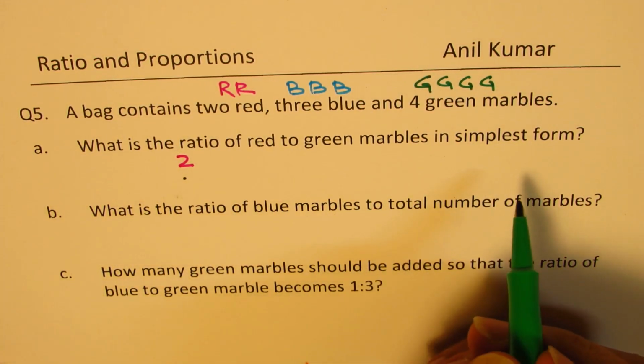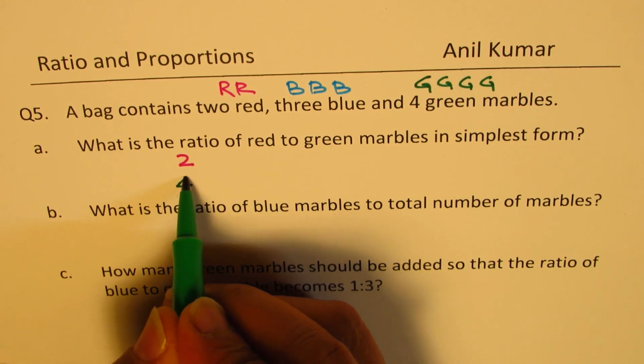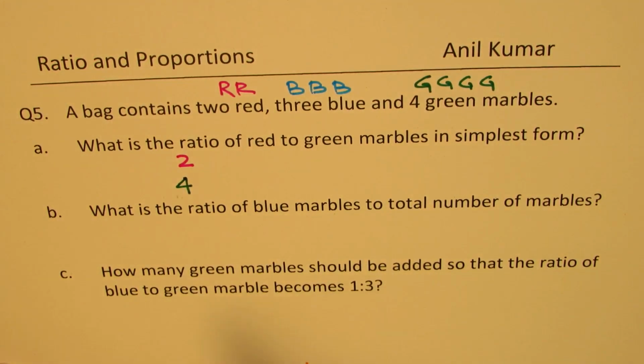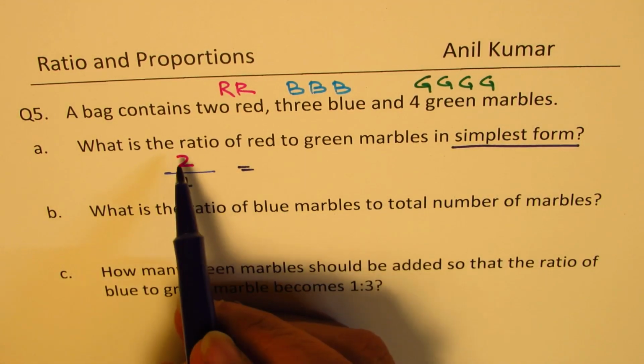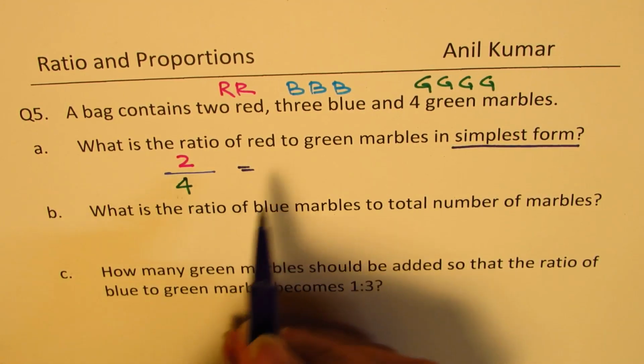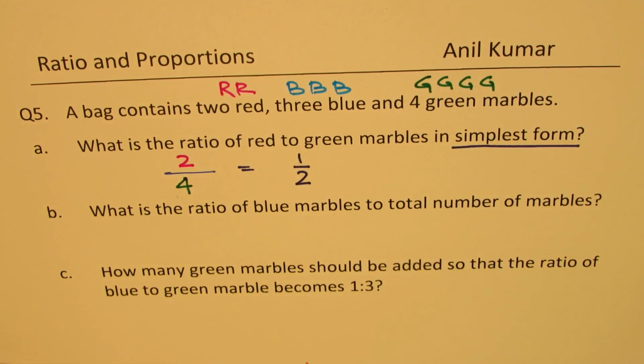So you could write the ratio as a fraction. You could write like this also, right? 2 to 4. Now it says in the simplest form. Means the common factor is 2. You could divide both by 2. So we get half. Correct?